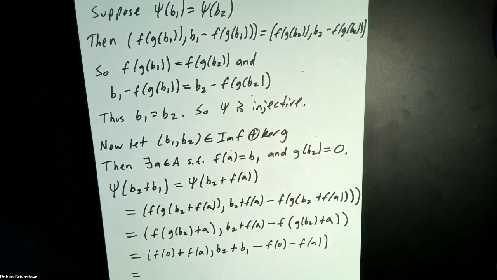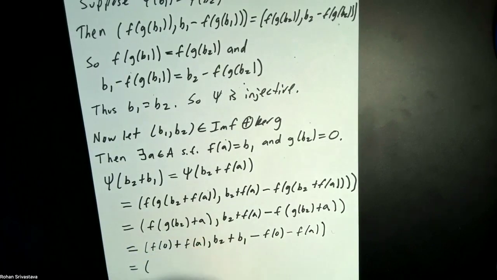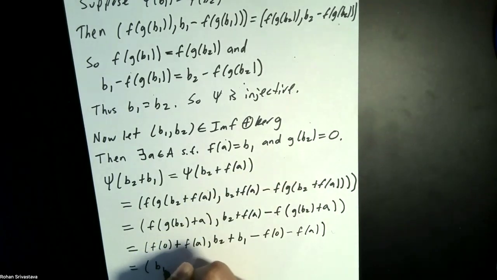As we said, f of 0 is 0, so the left coordinate is just f of a, and f of a is B1, so that's B1.